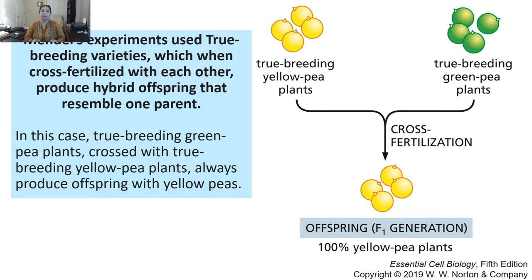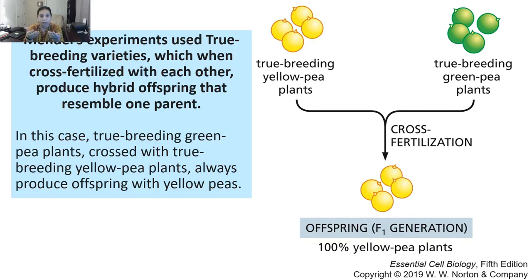So Mendel's experiment used true breeding varieties, and then he cross-fertilized them with each other and produced hybrid offspring, which resemble either one or the other parent. So in this case, right here, you have true breeding yellow peas and true breeding green pea plants.